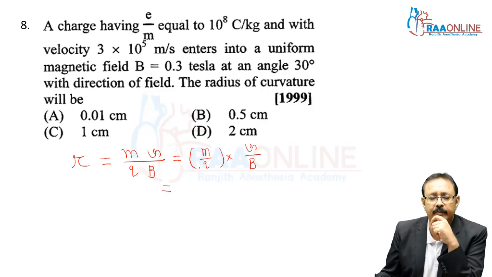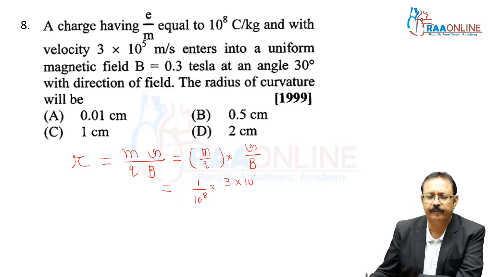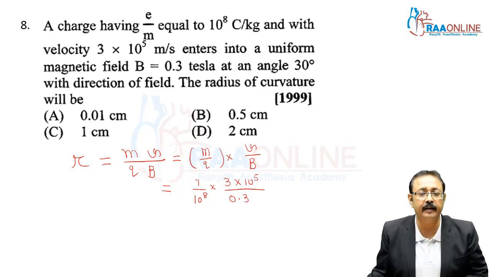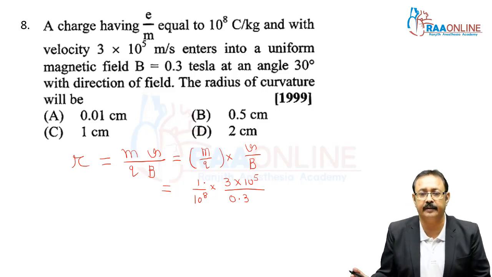They gave charge upon mass. We need mass upon charge, so revert this. It will be 1 upon 10 to the power 8. Velocity is 3 into 10 to the power 5. What is B? It is 0.3 Tesla. But the angle is 30 degrees.